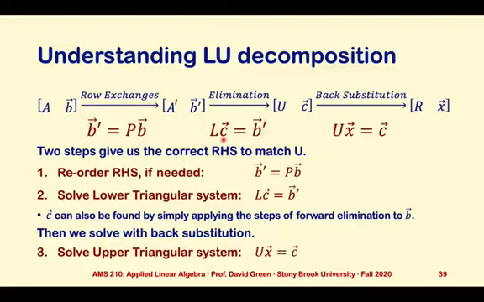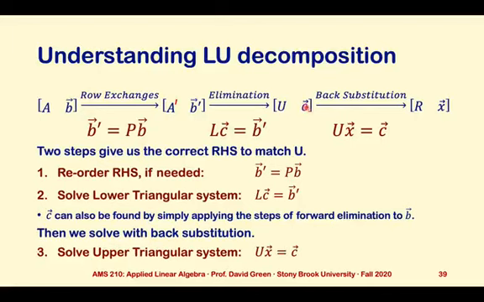Solve this system, we get C. So these first 2 steps, the not always necessary reordering and the solving of the lower triangular system, are simply giving us, for an arbitrary initial right-hand side, the right-hand side that matches U, in the right form that we would have gotten if we had carried it along as part of an augmented matrix.